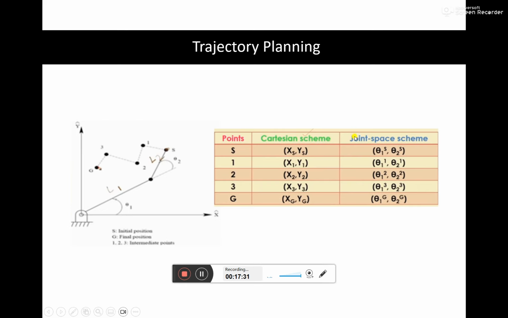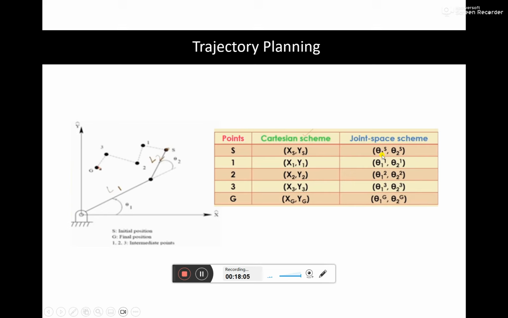In the case of the joint space technique, we are going to specify these relative to the base frame, like 1 to S, 2 to S, then 1 to 1, 2 to 1, 1 to 2, 2 to 2, 1 to 3. You can see that in the entire theta the suffix we are indicating is 1, which is related to frame 1.